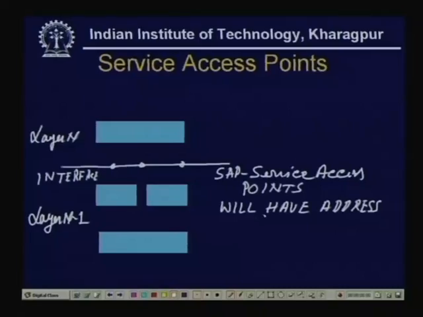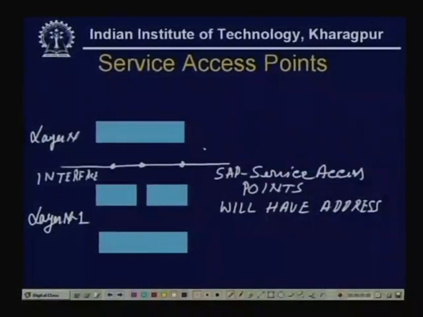It is somewhat like, let me give an example for this. Suppose we are using the telephone system, that socket of the telephone system is the service access point of the telephone network, and as we know, each socket corresponds to a telephone number, and that is the address of that service access point.